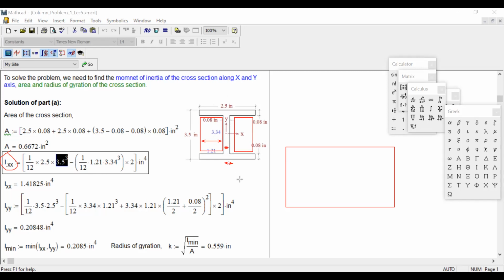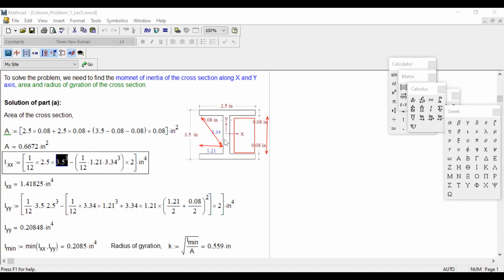So 2.5 minus 0.8 divided by 2, and then you will get this distance from here to here is 0.85. So that is the B. I like to figure out the inertia of this empty rectangle. There is no material, so I subtract this, I put a minus sign. 1 by 12 BH cube. How much will be H? H will be the distance from here to here, and you can easily figure out. Okay, then you got Ixx.